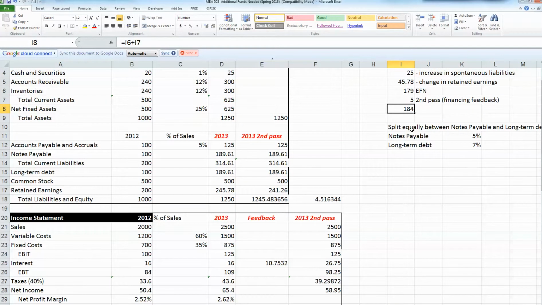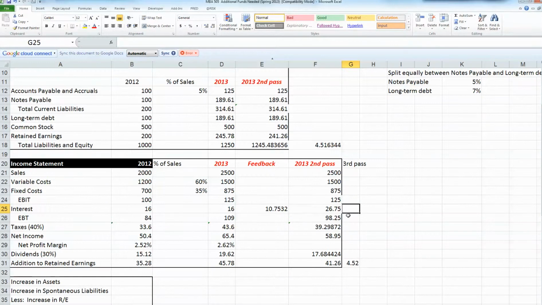Now I could even do a third pass. I would split this extra $4.52 among notes payable and long-term debt with their associated interest rates, and I could come over here and do a third pass. I would pop that extra interest that I'd pay on this extra $4.52 right here.